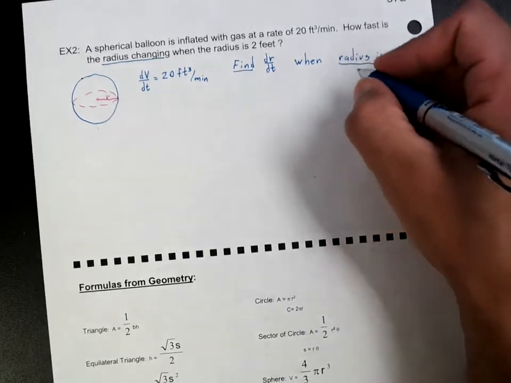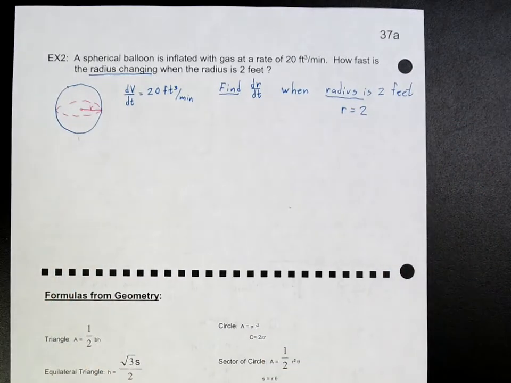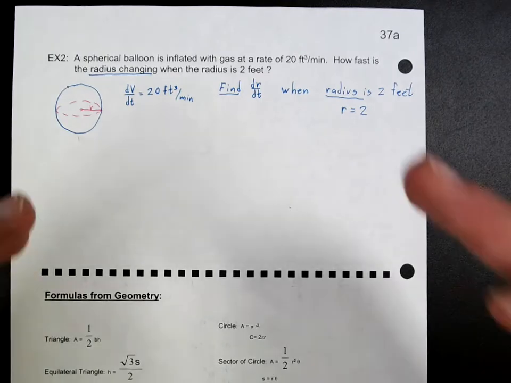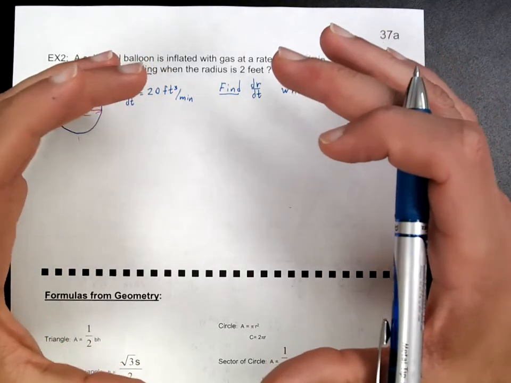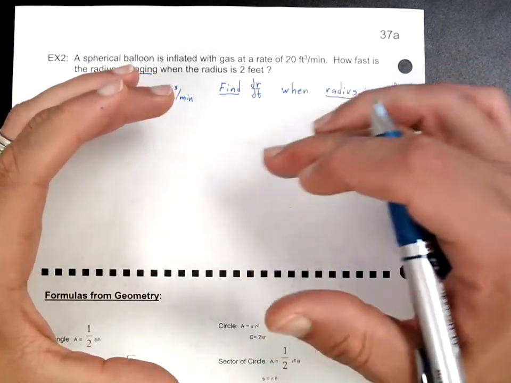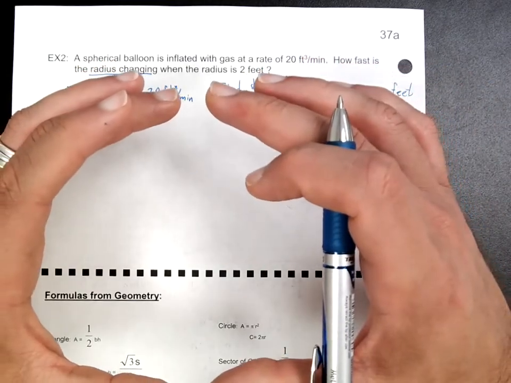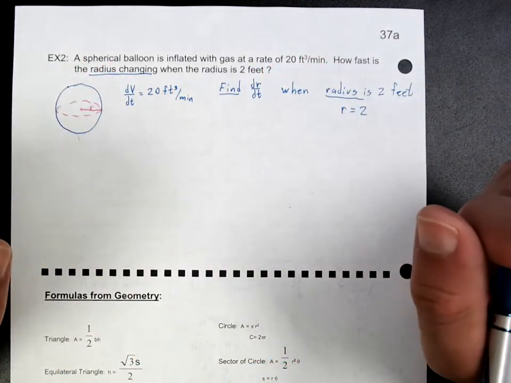Okay, so please be aware, right? The spherical balloon basically has a diameter of 4 or a radius of 2. So it's already at that point, and gas is being poured into the balloon. So you want to know how fast the radius is changing over time, okay?